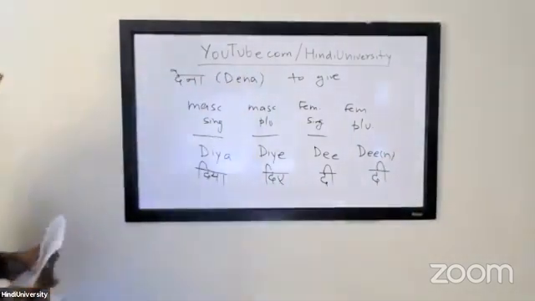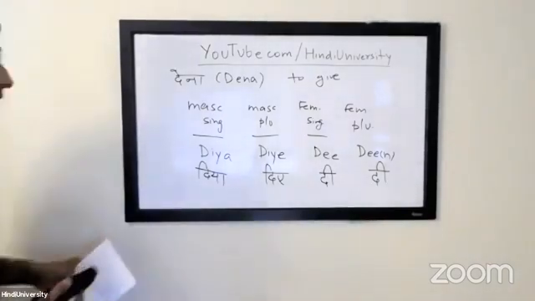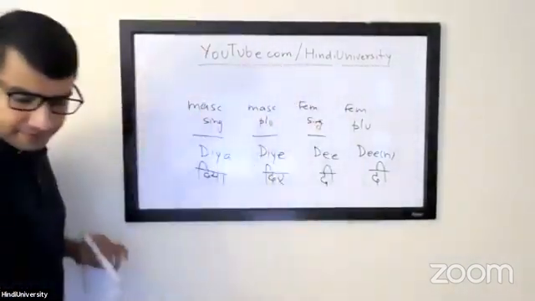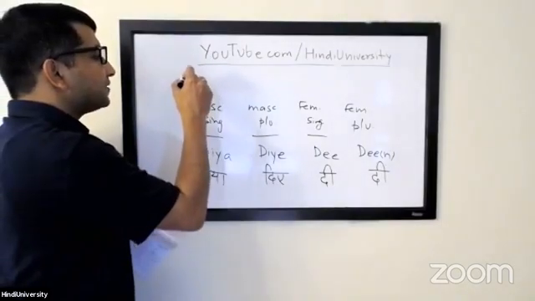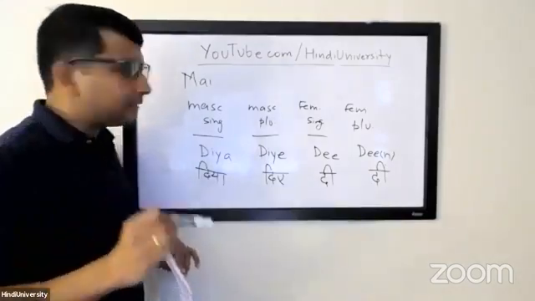I can give some examples, but I want you to participate as well. I'll start with a very simple example, and then I want you to tell me something similar. Let's say I am giving a gift. As I said, this is a transitive verb, so you use the postposition ne with the pronoun.